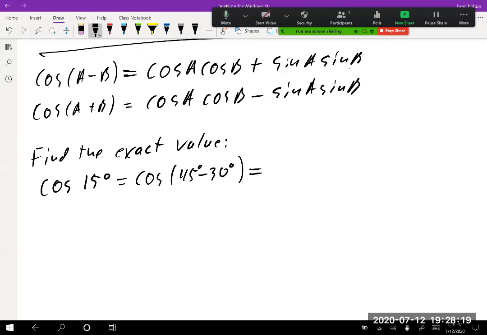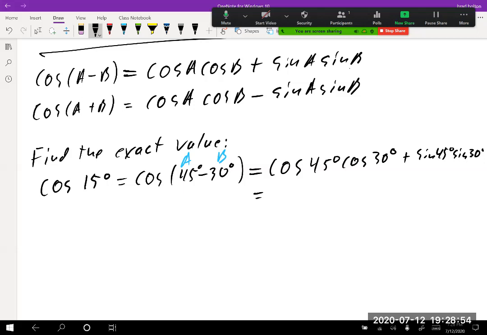So I'm going to use the cosine difference formula from above, cosine of A minus B. Here, this is now my A, and this is now my B. So when I write my formula, I get the cosine of 45 degrees, cosine of 30 degrees, plus sine of 45 degrees, sine of 30 degrees, right?